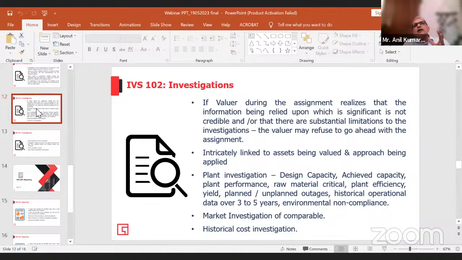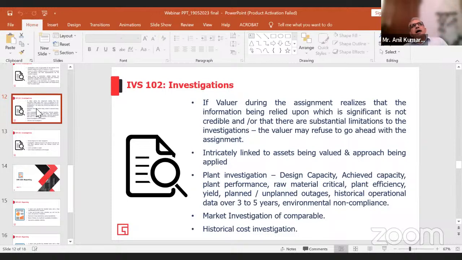So my inquiry or investigations would be spread more around historical costs, and I'll go deep into the FAR. I'll probably go deep into the contracts from when the plant was built, before the assets were put into running. I may go into the EPC contracts and all that, and then take a deep dive into investigations using some of those inputs.